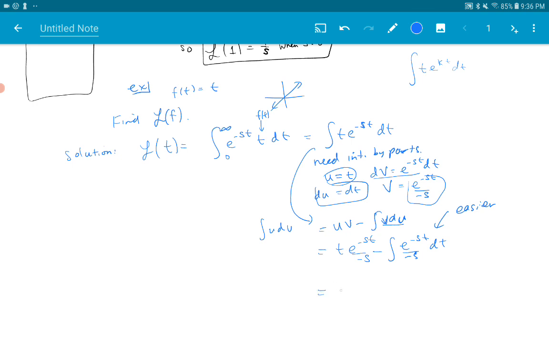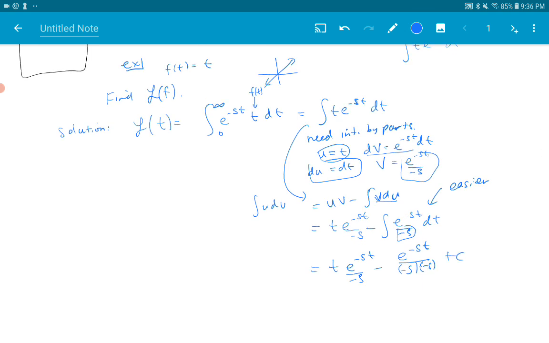We do this integral, so we get t e to the negative st over negative s minus e to the negative st over another negative s. So a negative s, and we still had the original negative s that was already there. And technically it's plus c, but we don't need the plus c because we have limits of integration. Let's clean this up a little. These two negative s's multiply to equal s squared.